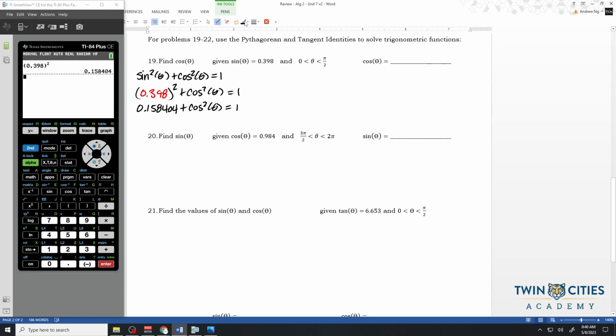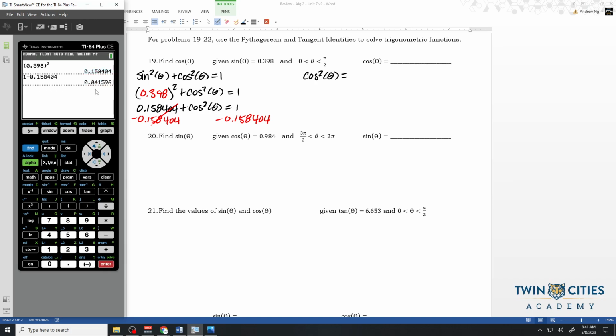Let's subtract this from both sides. So that'll subtract out on the left side, leaving cosine squared of theta equal to, on the right side, 1 minus this 0.158404.